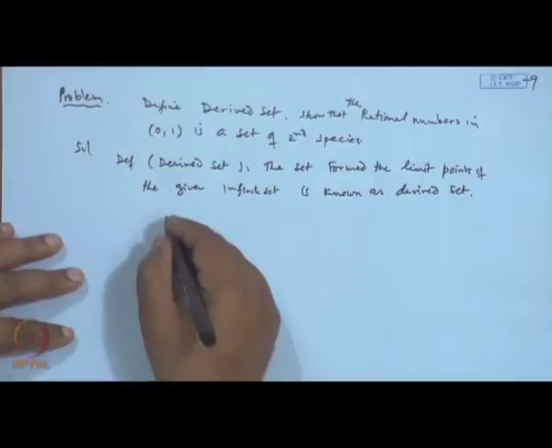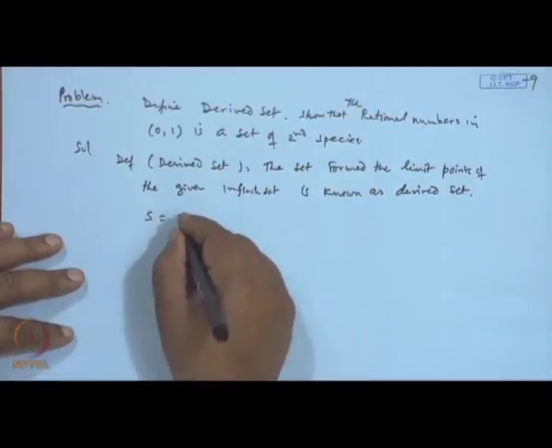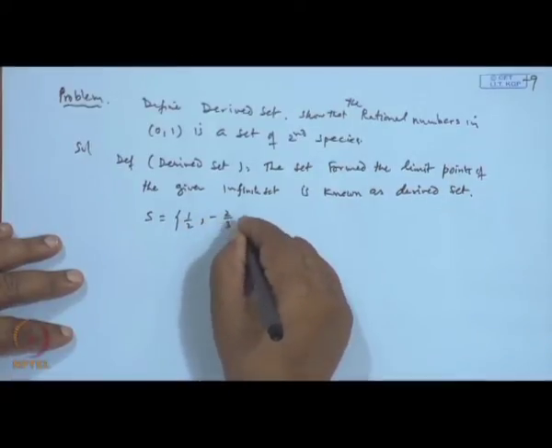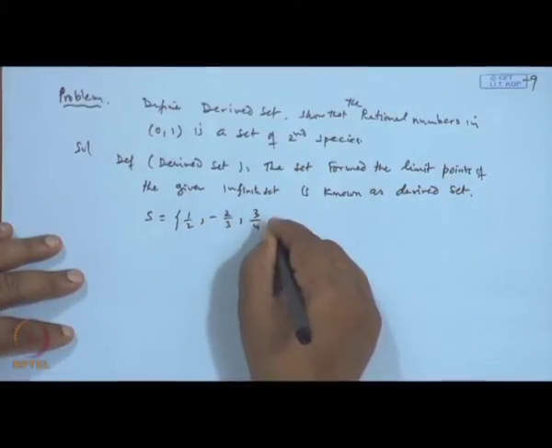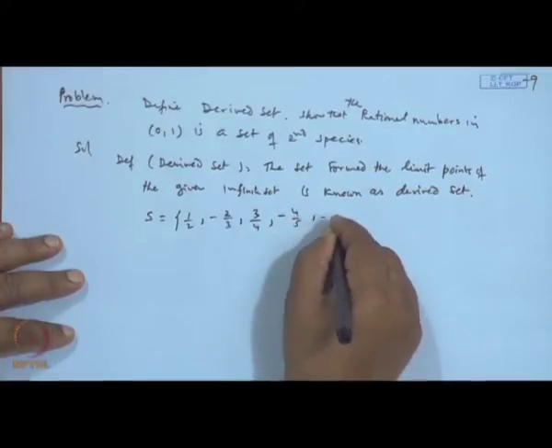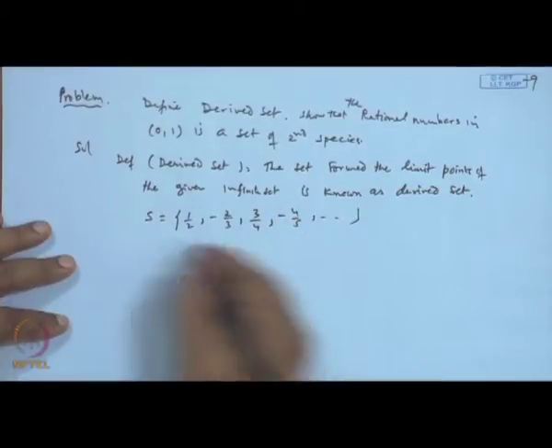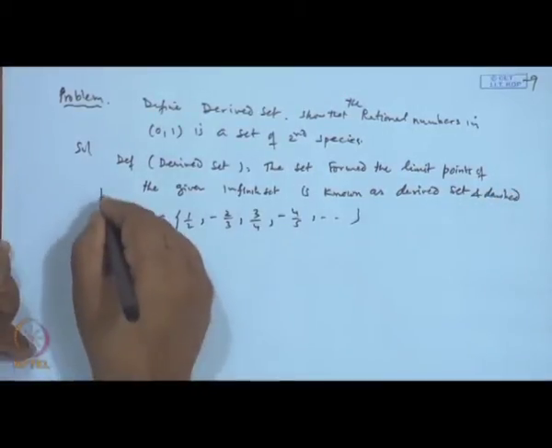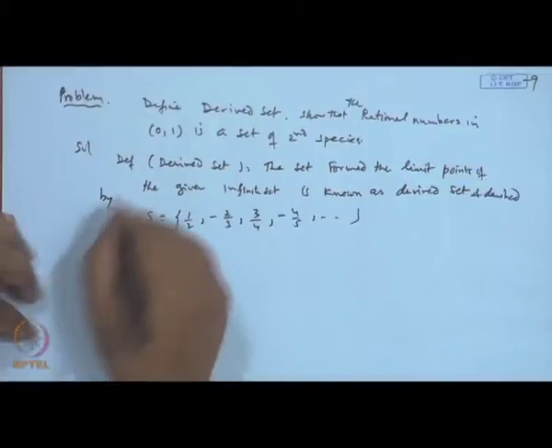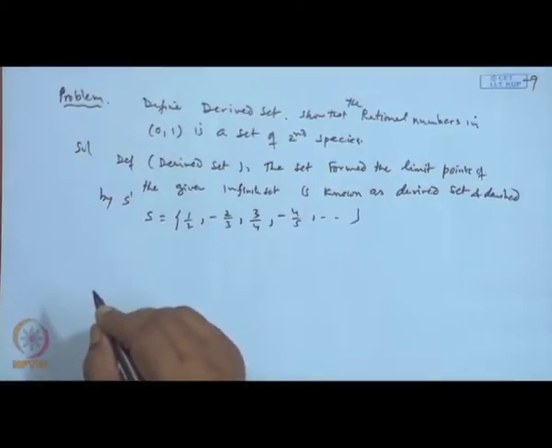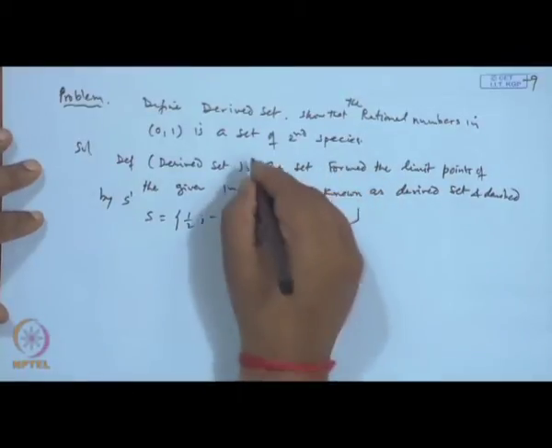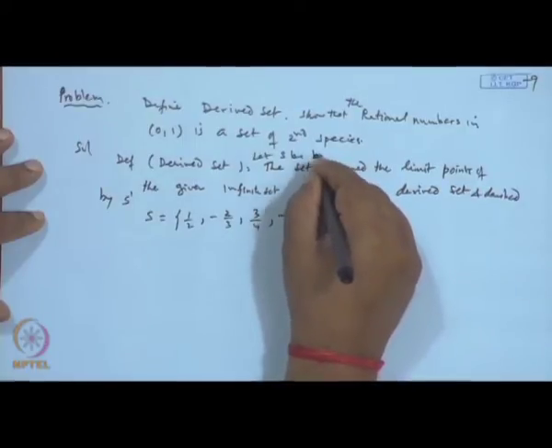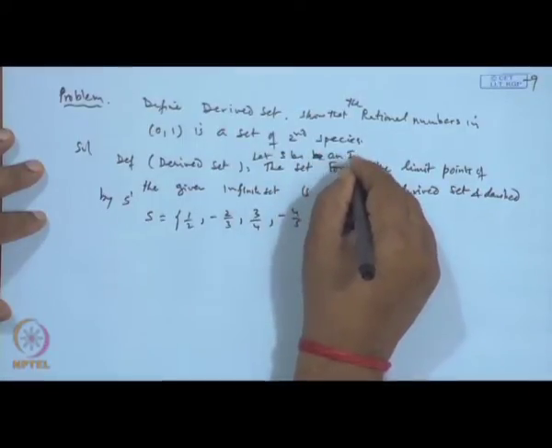So, suppose I take the set S having the points 1/2, -2/3, 3/4, -4/5 and so on. The derived set is denoted by S dash. So, let S be an infinite set of points.